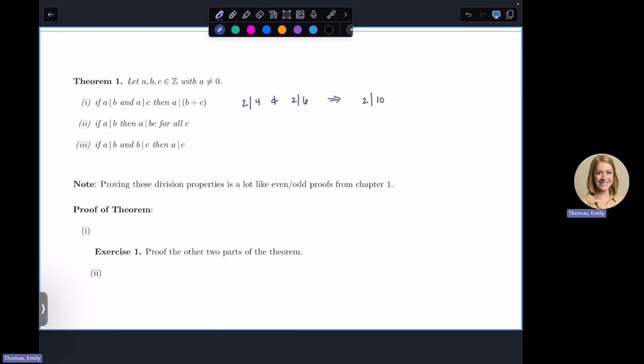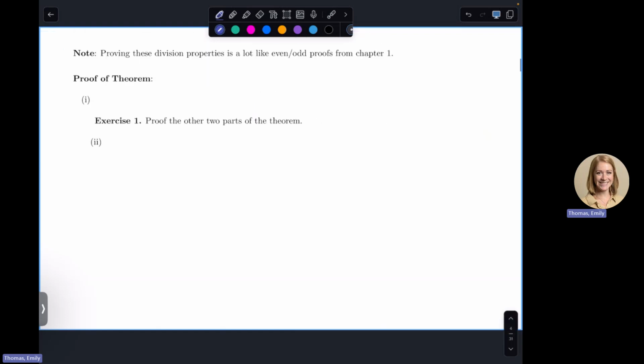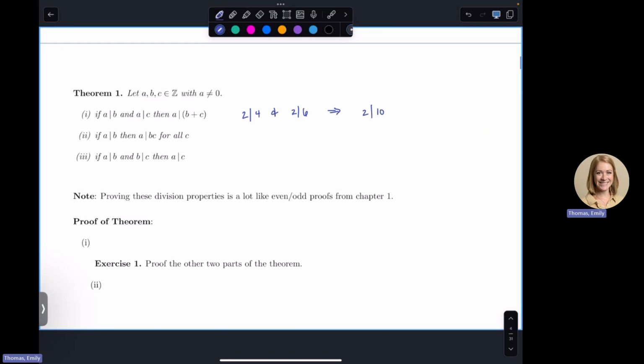We will prove this in a moment. If A divides B, then A divides B times an integer C, any integer C. If it divides part of a product, then it divides the whole product. Do you want an example for that too?